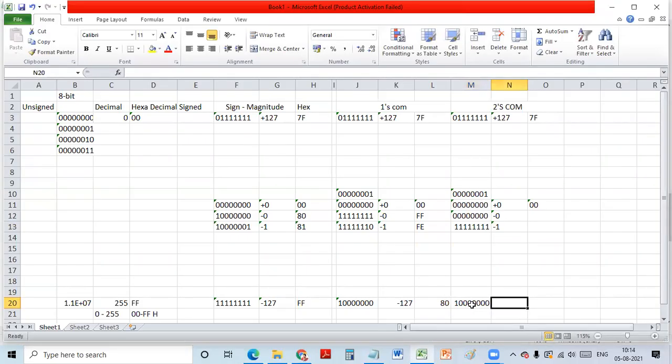This is the only last minimum number, which is nothing but -128 here. This is not +1, -127. Okay. What is -127? -127 is 1, 0, 0, 0, 0, 0, 0, 1. Am I clear? I have to add 1 to it to get this value, right?